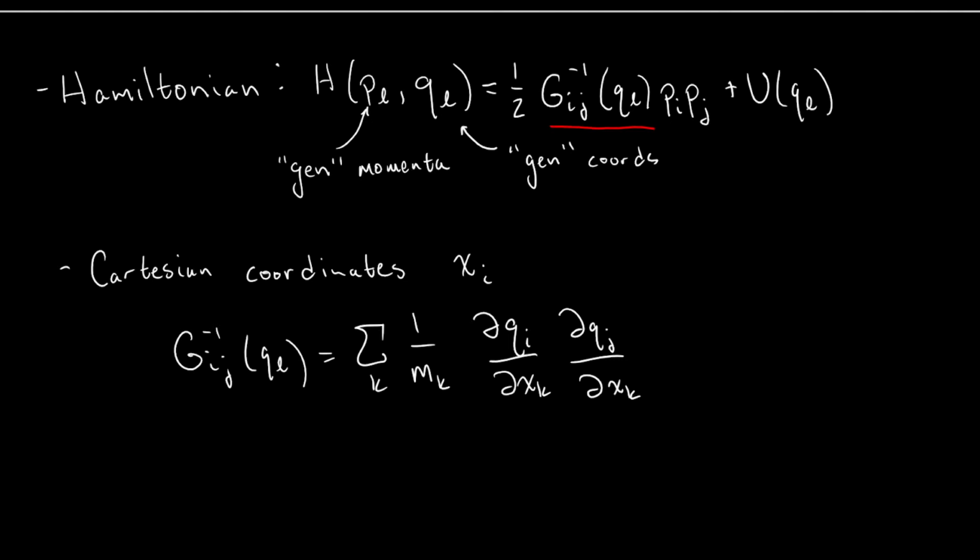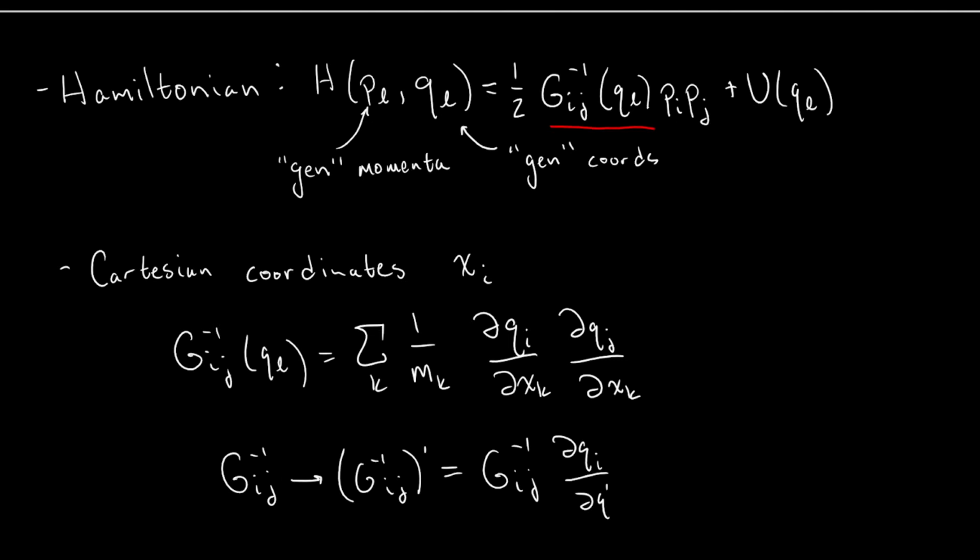And we also found that this, which we can find from the chain rule, is going to transform G inverse to some G inverse prime, which should be equal to, if I'm not mistaken, dq_i/dq'_l times dq_j/dq'_l. Wait, sorry, I'm messing things up here. I apologize for this.